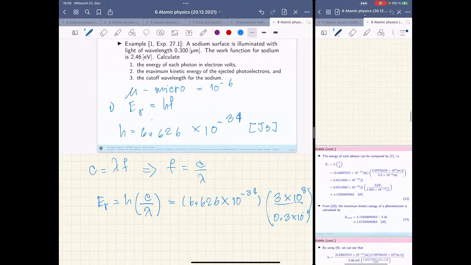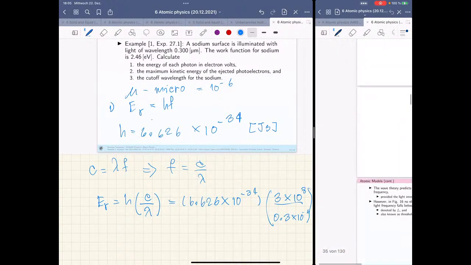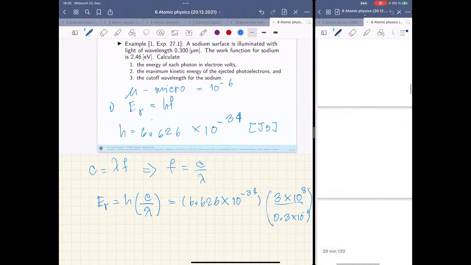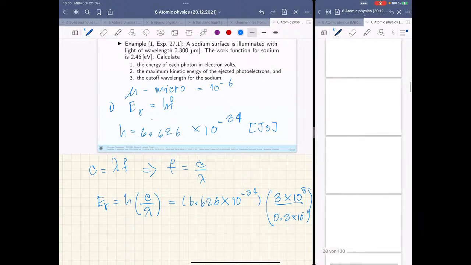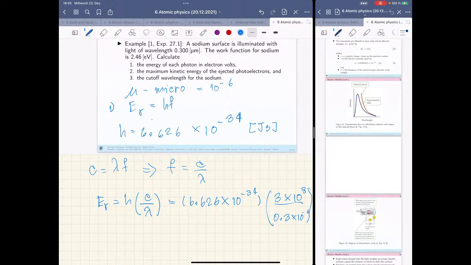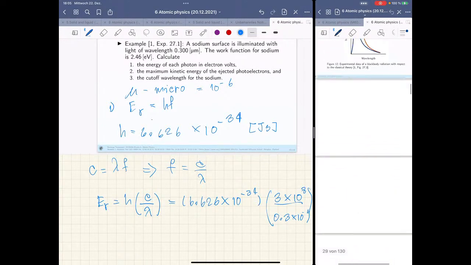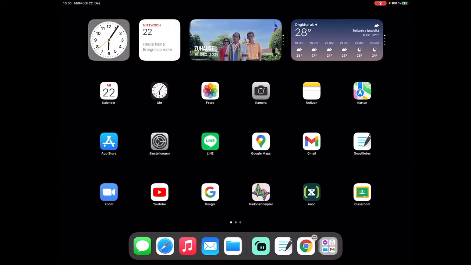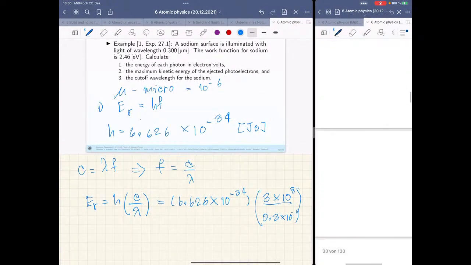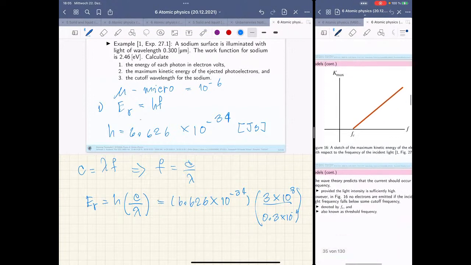E gamma is 6.26, I don't understand why it's 6.26.